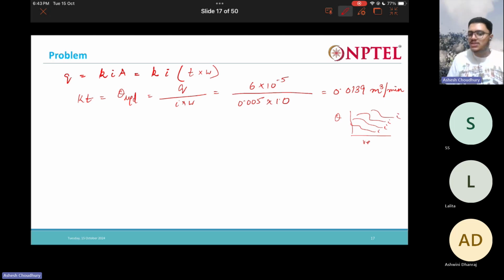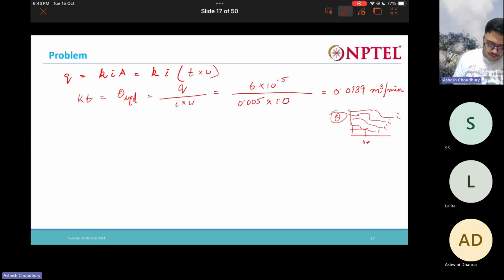These graphs are obtained from the test data. For the geonet you plan to use, you will have this test data, and for a particular vertical pressure you can determine the allowable theta value.